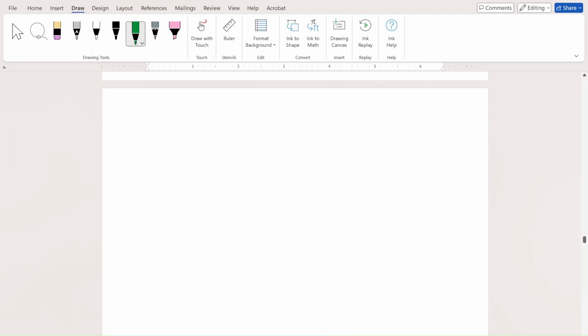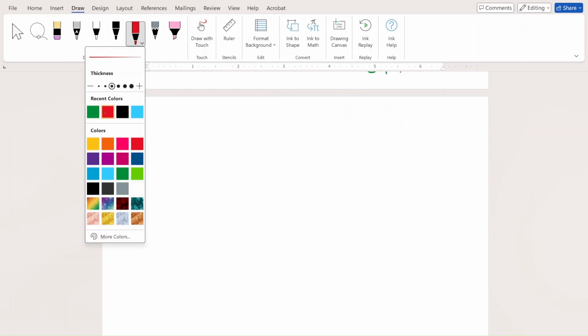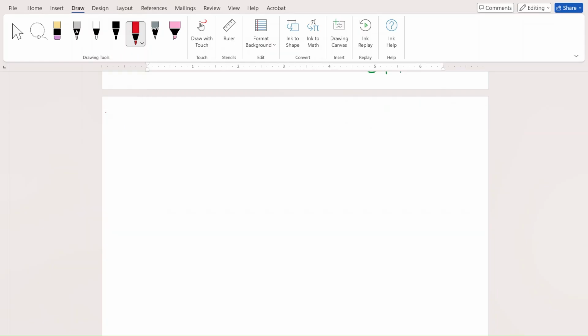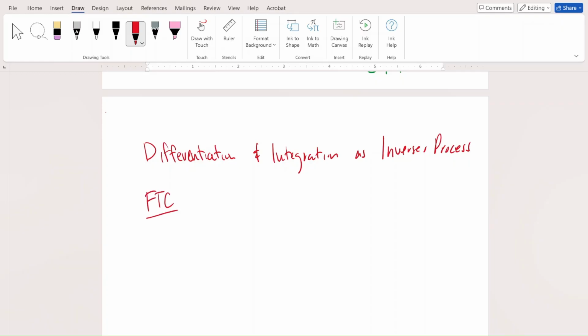So let's summarize the very last part here. You could think of derivatives, so differentiation and integration, essentially as inverse processes of each other. So what's the fundamental theorem of calculus?